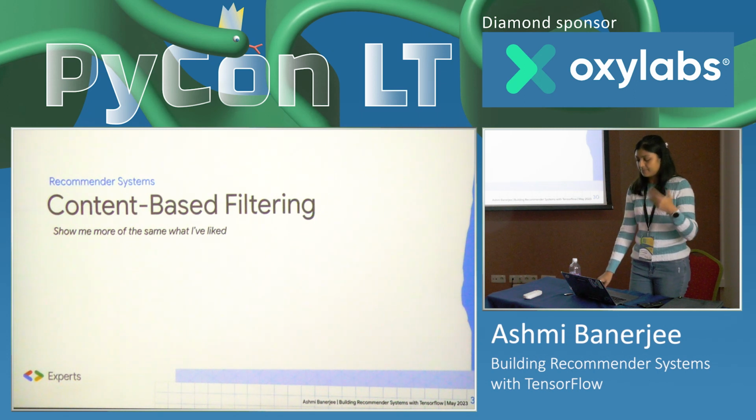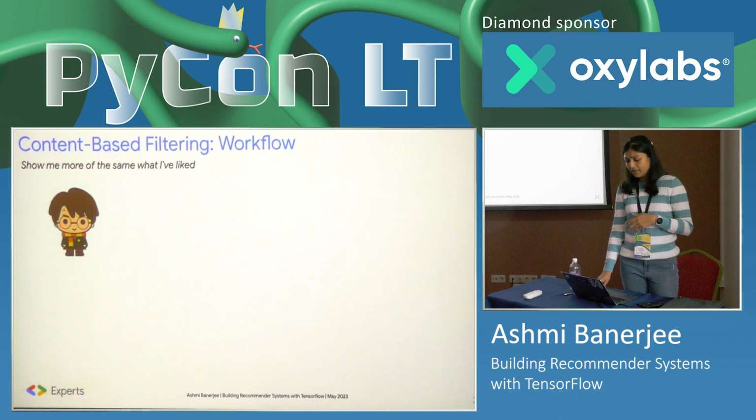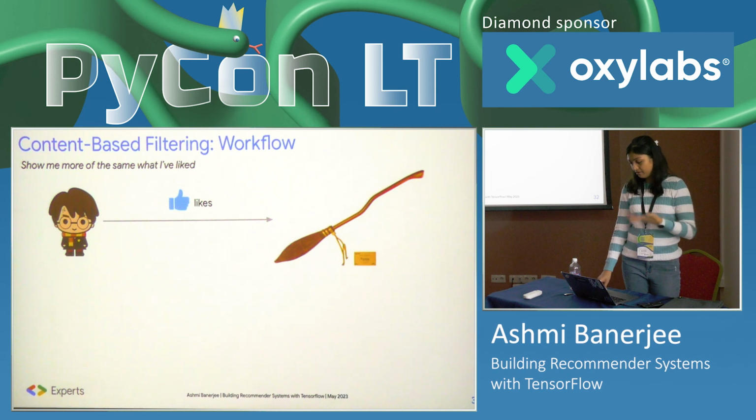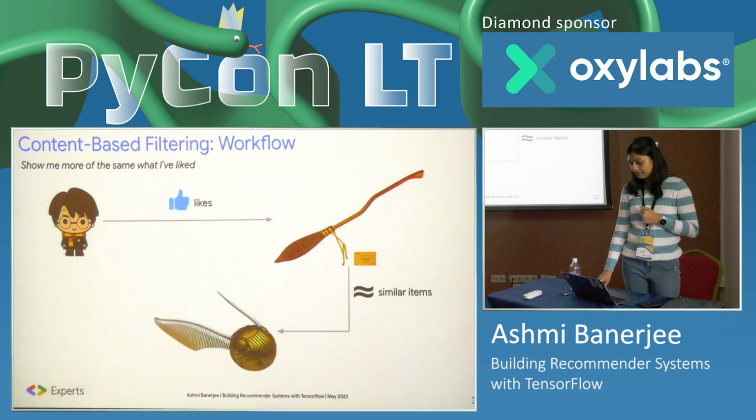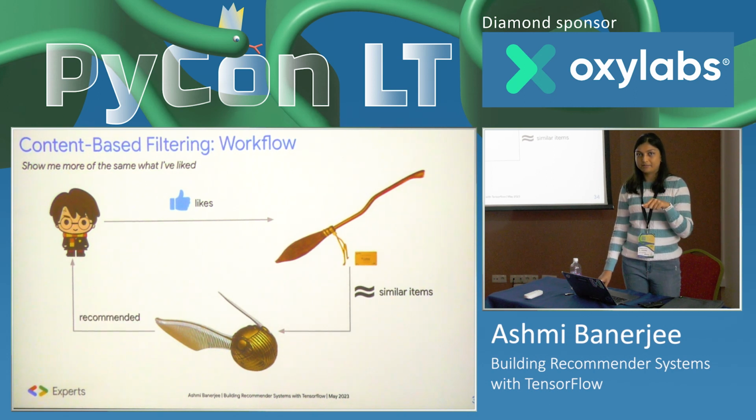That is basically what is happening there: similarity-based, content-based filtering. So say we have our favorite character here, Harry, who likes the Nimbus broom, and then there is a similar item, say the snitch, and that gets recommended to Harry. That's basically what happens in real-life content-based filtering.